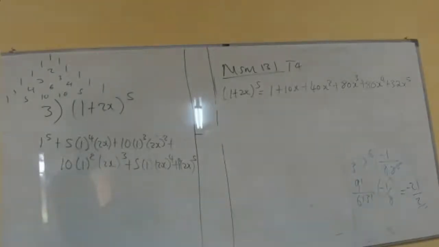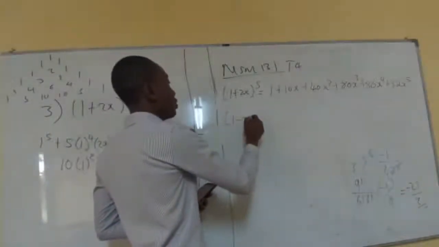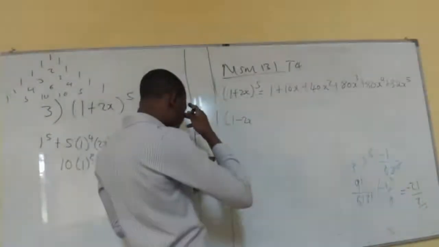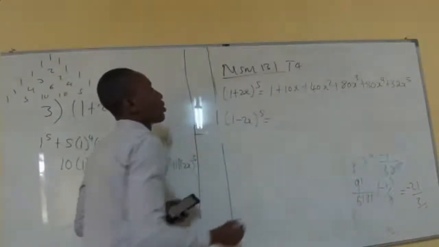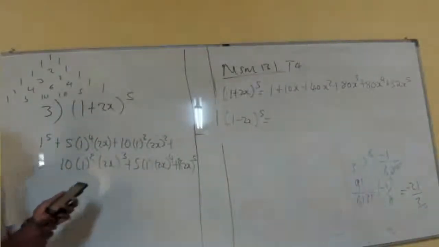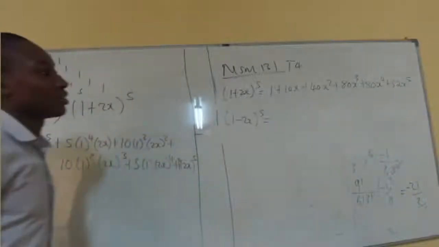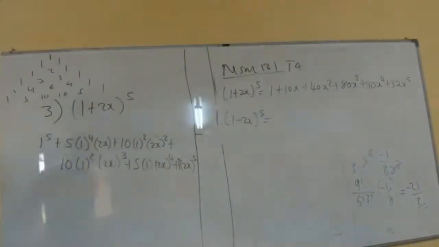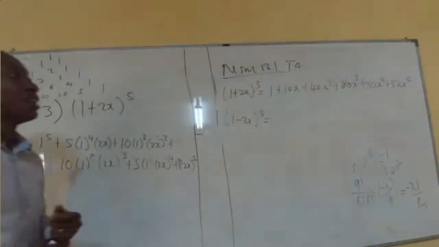Now we've just done one part. The other one we were asked for was 1 minus 2x to the power 5. This is going to be the same thing. The only difference you'll notice is that this part now has a negative instead of a positive. So instead of rewriting everything, you can basically use this.